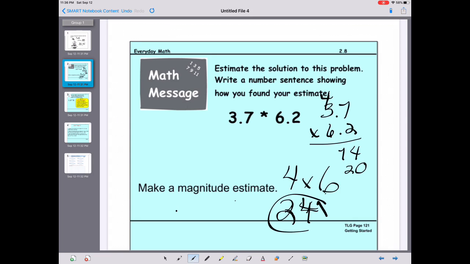Use 18, 19, 20, 21, 22. 4, 9, 2, 2. So I have 2, 2, 9, 4 for my answer. And I have to make that closest to 24. So I'd have to put my decimal here: 22 and 94 hundredths.